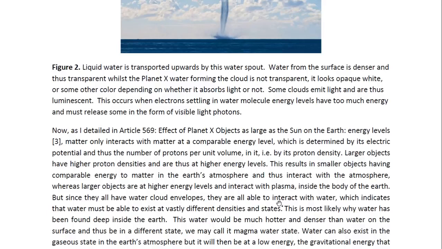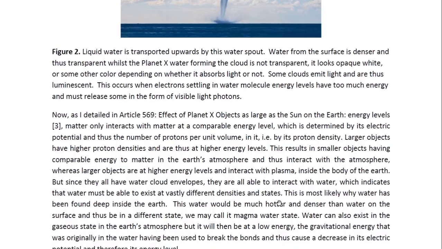Larger objects have higher proton densities and are thus at higher energy levels. This results in smaller objects having comparable energy to matter in the Earth's atmosphere and thus interacting with the atmosphere, whereas larger objects are at higher energy levels and interact with plasma inside the body of the Earth.